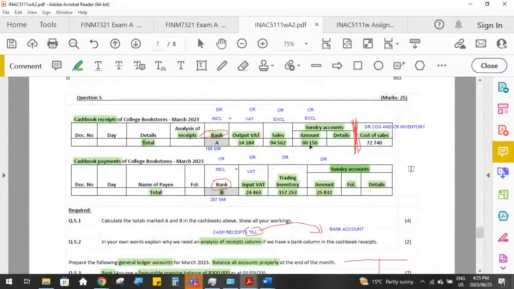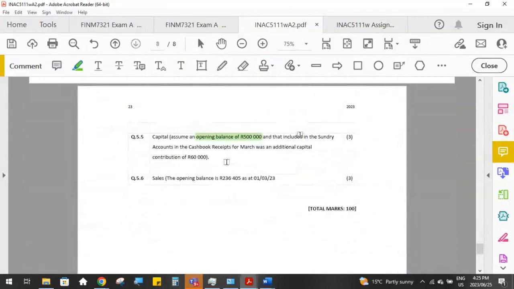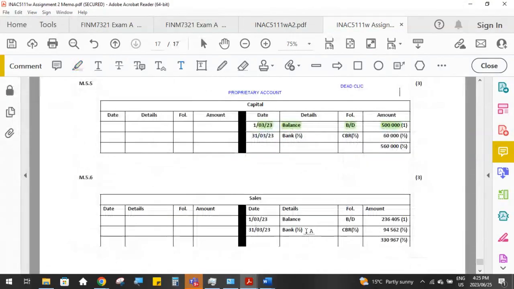So in other words, included in the 60,000 that we put under the sundry column, part of that 60,000 is an amount of 60,000 exactly that the owner contributed. So we know that the capital account increased by 60,000. So because capital is increasing, we write the 60,000 on the credit side.